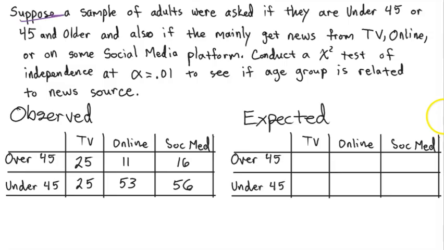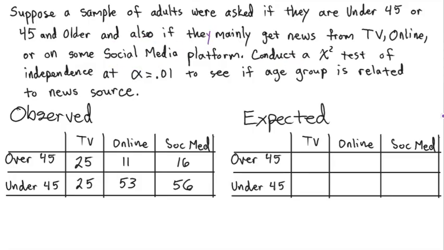All right, suppose a sample of adults were asked if they are under 45 or 45 and older. And also they were asked if they mainly get their news from television, online, or some social media platform.